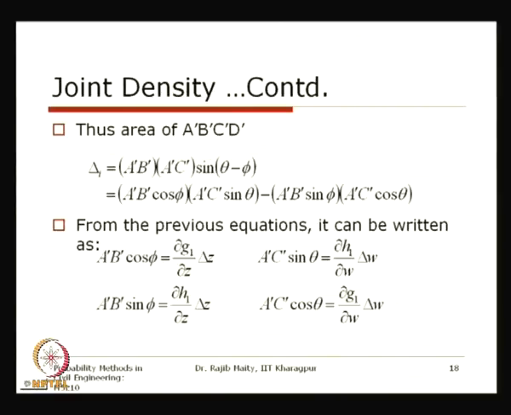So the total area that we are talking about in this new xy plane, A prime, B prime, C prime, D prime, is nothing but A prime B prime multiplied by A prime C prime sine of (theta minus phi). So there is a kind of distortion that we are taking through this. After this trigonometrical rearrangement, A prime B prime cos phi is nothing but dou G1 by dou Z multiplied by delta Z, and similarly the other points can also be represented by the derivative, the rate of change, multiplied by the total small change.